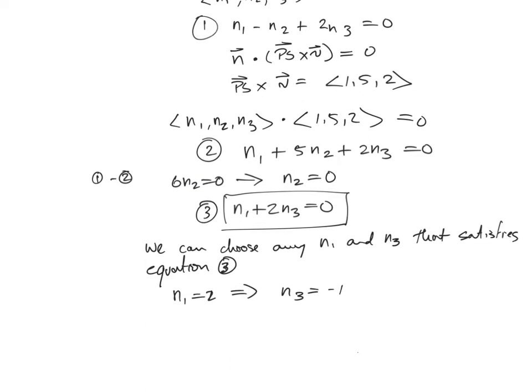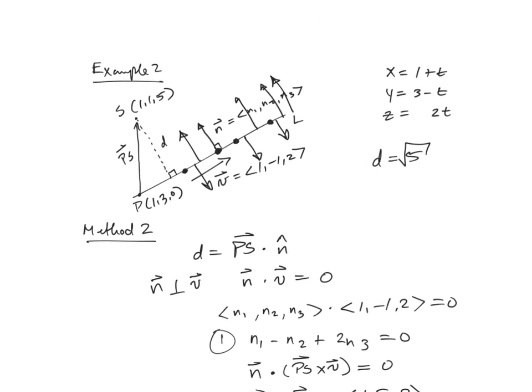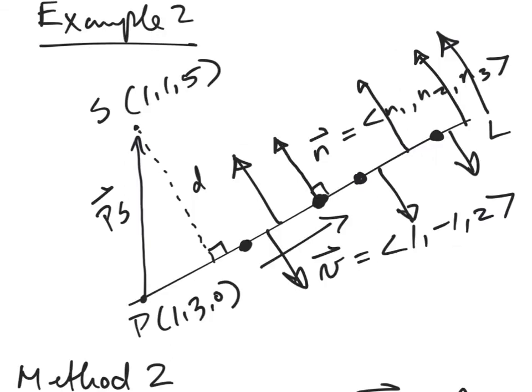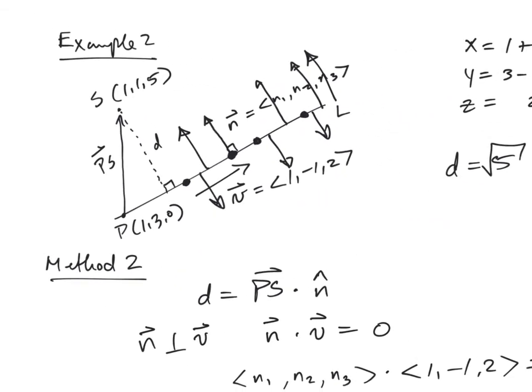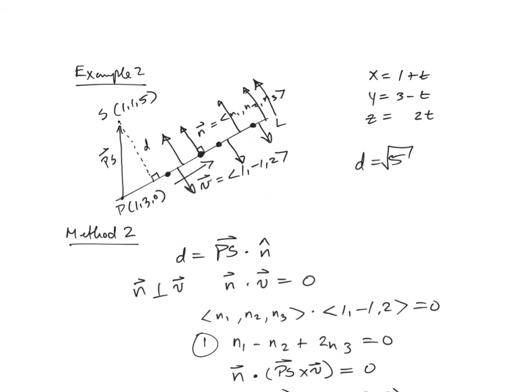If we make n1 equal to 2, n3 would be equal to negative 1. Or I could make n1 0, in which case n3 also has to be 0. Or I could pick any combination of n1 and n3 that satisfies equation 3. That will give me a normal vector which will be in the plane of this page and will be perpendicular to the line L.